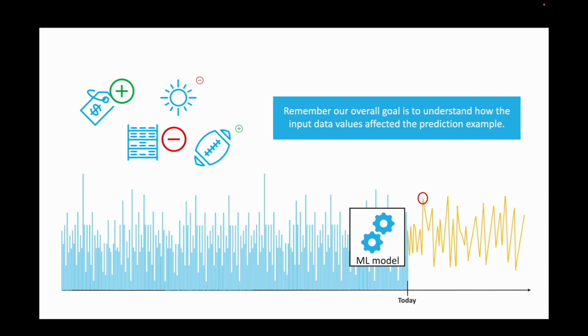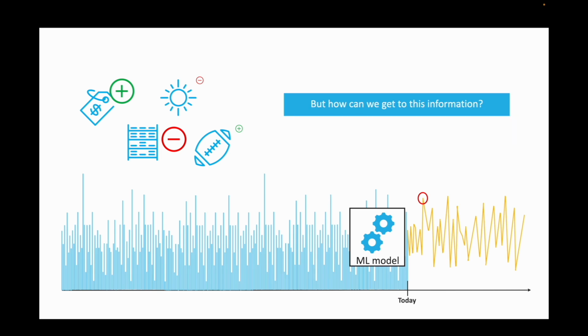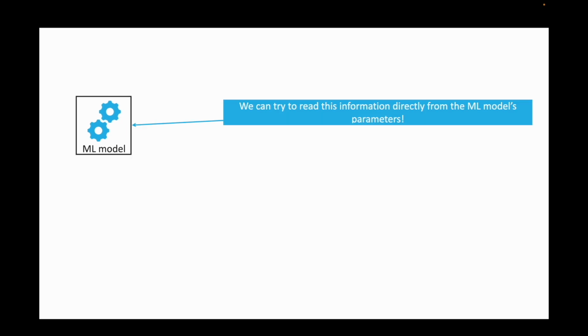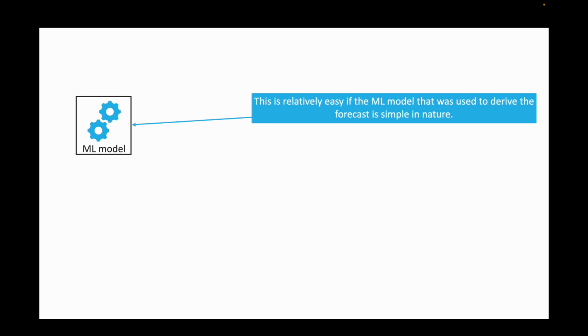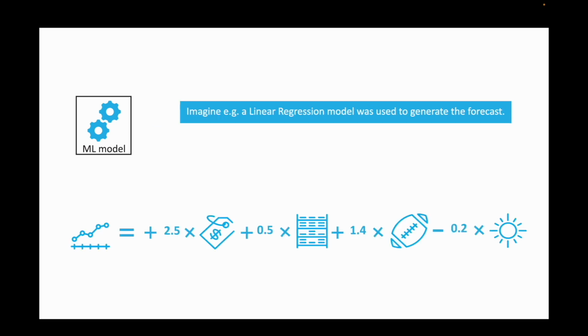Remember, our overall goal is to understand how the input data values affected the prediction example. But how can we get to this information? We can try to read this information directly from the machine learning model's parameters. This is relatively easy if the machine learning model that was used to derive the forecast is simple in nature.